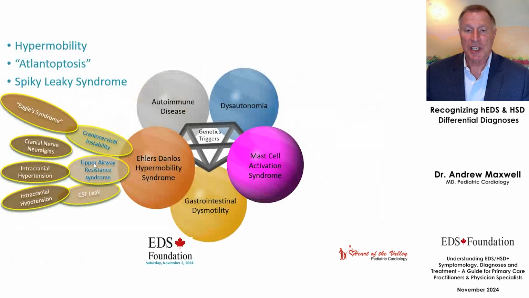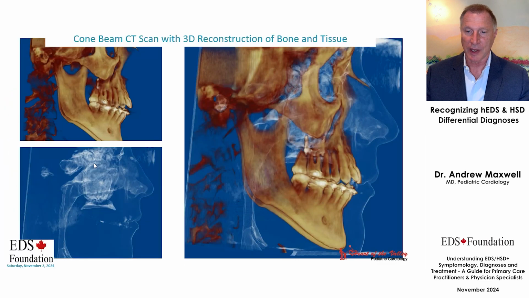So when you see a patient that has craniocervical instability and you found that they have upper airway resistance syndrome, and they tend to be having headaches consistent with high intracranial pressure and low intracranial pressure, and maybe even have signs of what's called Eagle syndrome and CSF leak, then you should be thinking of this phenomenon we've called spiky leaky syndrome.